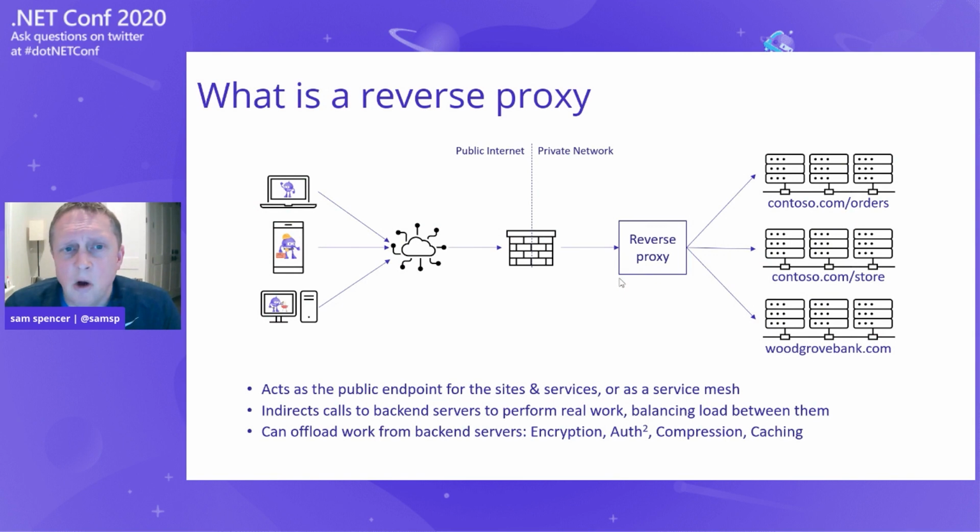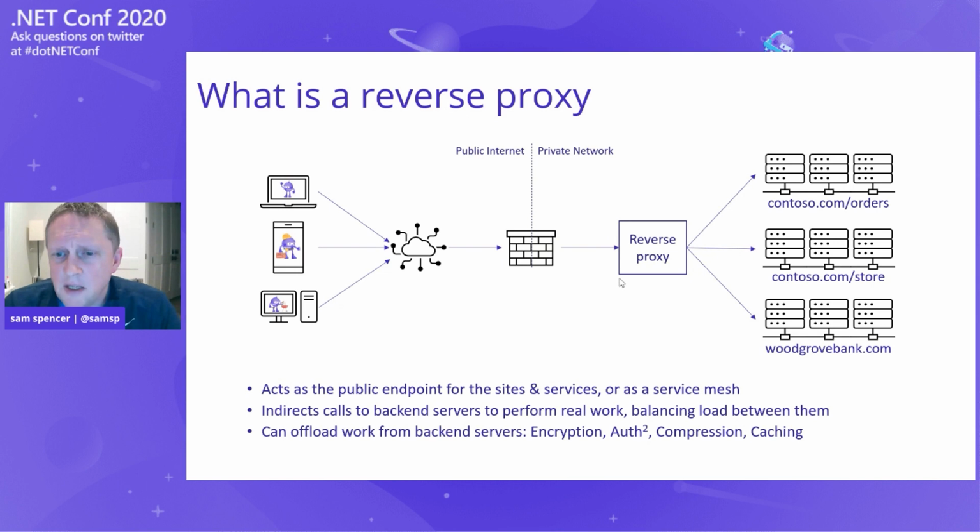So what is a reverse proxy? If you're in a corporate or school environment, you may be used to a proxy server for use as a gateway to get outside your network. A reverse proxy is kind of the opposite. It generally sits behind your firewall, and it acts as a gateway between the internet and your services in your data center.